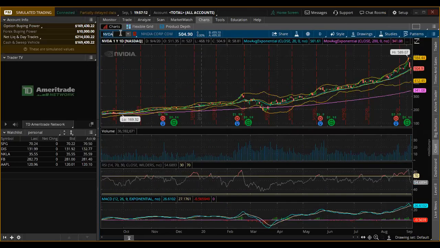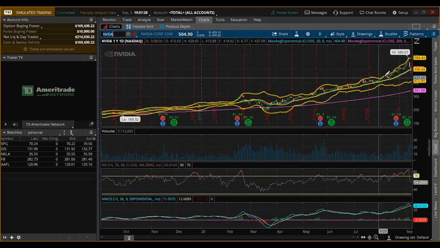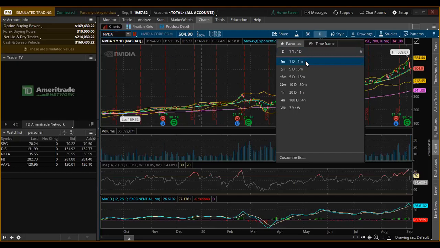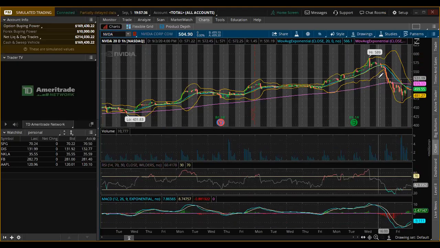The way I look at my 200-day average is when I look at the 1 year chart, I see how far down it is to see how hot it's running, pretty much. And it's still running high. And then when I look closer, I see that it's right here.